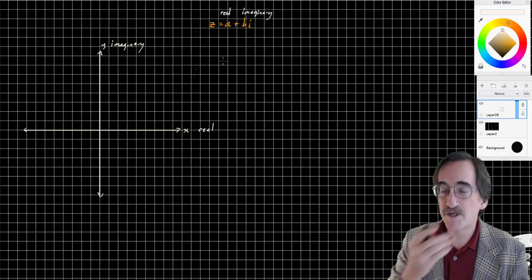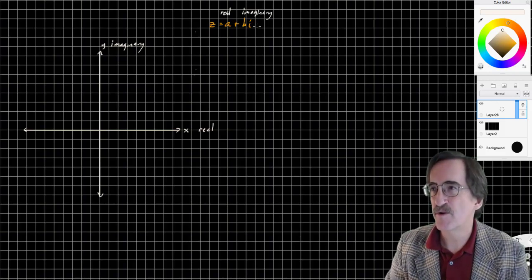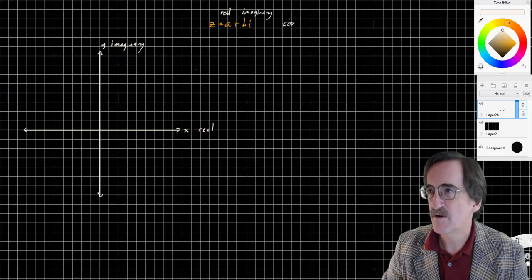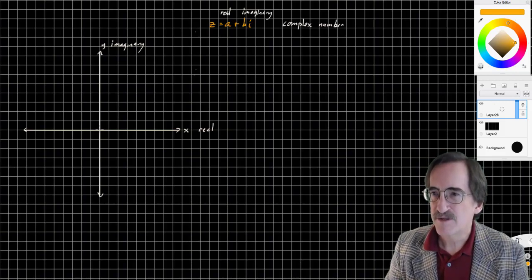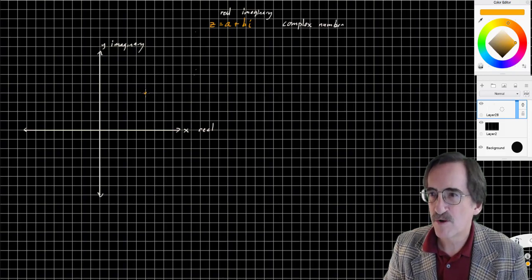And the combination of real and imaginary makes for what we call a complex number. And we graph a and b as the x-axis for a and the y-axis for b. So this coordinate here is (a, b).